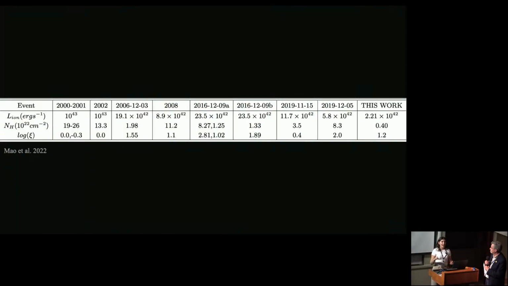This table comes from Mao et al., and I believe they used the high energy transmission grating, so this is a different energy wavelength. So it would be the only one using the low energy transmission grating X-ray spectrum. So potentially that could introduce a systematic in either analysis. Correct.